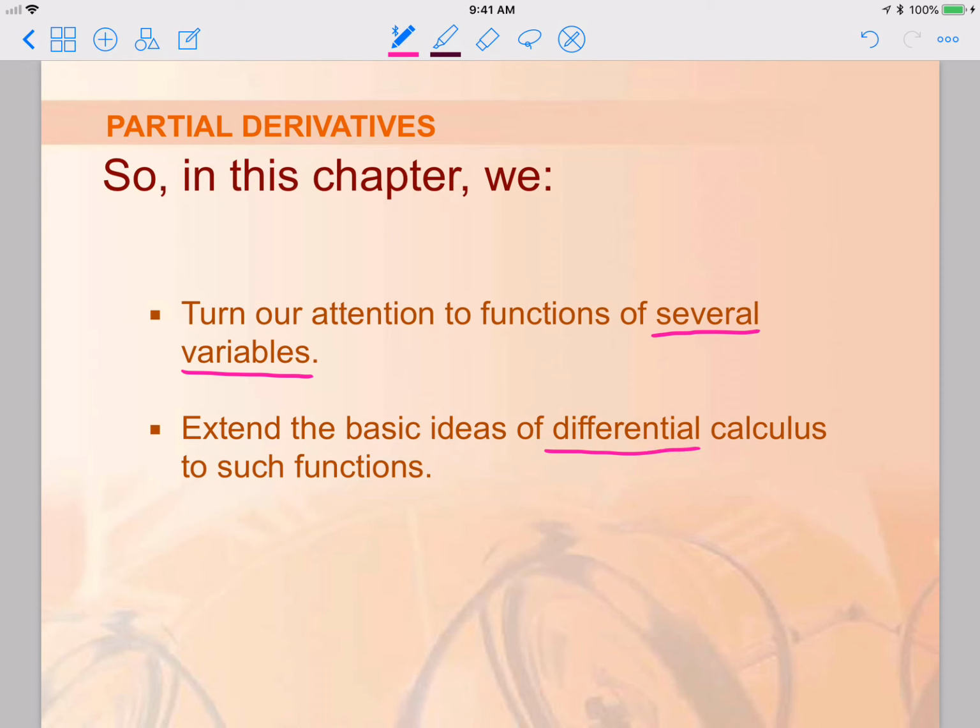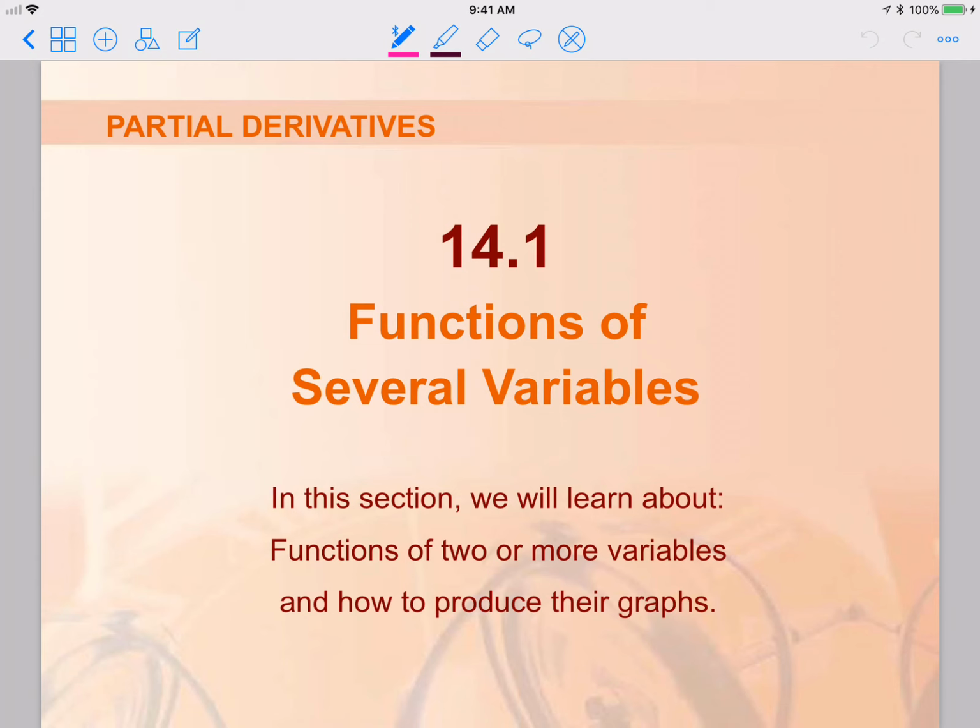Differential meaning you're taking derivatives. How do you take the derivative of a function that has more than one input? Okay? So the first step, of course, is going to be to learn about functions of several variables. And we're just going to learn about the graphs.